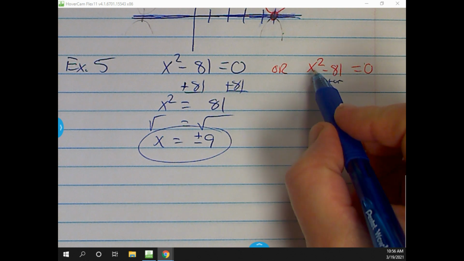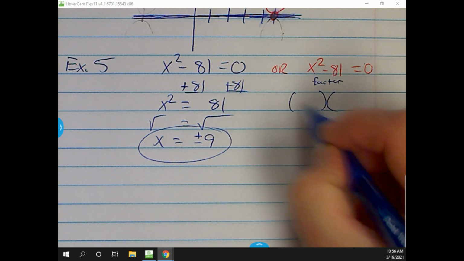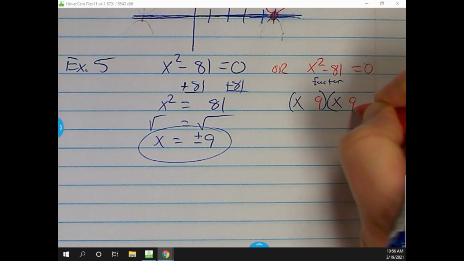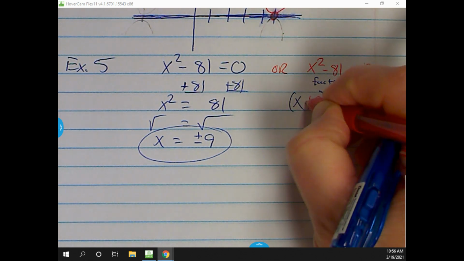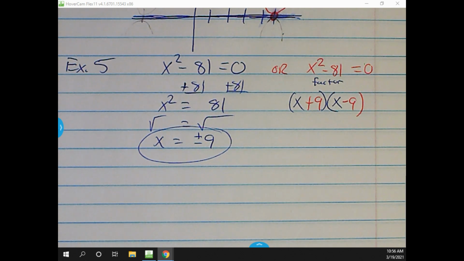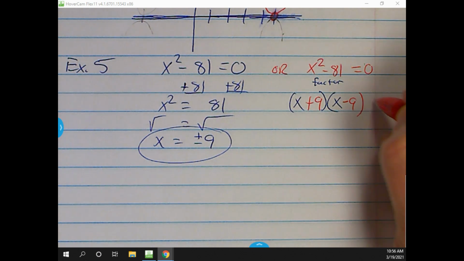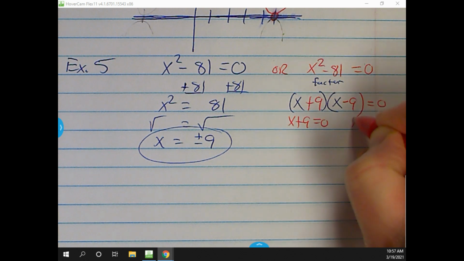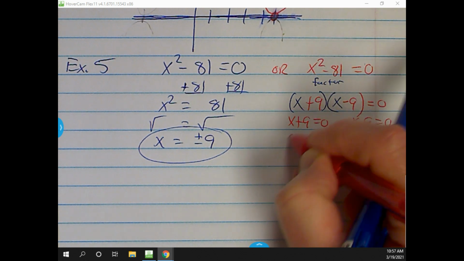In this case, x squared would be x times x, and 81 you can make 9 times 9, but one is a plus and one is a minus. If you stuck with the factoring rules, you could then set both of those equal to 0, and you would still get the same answers, just a little different way of getting there.